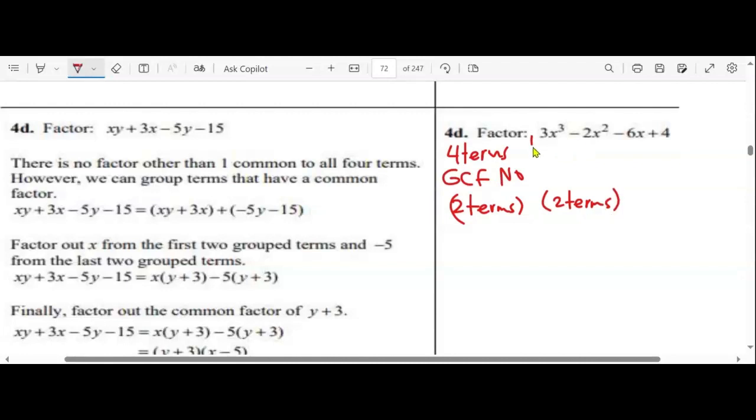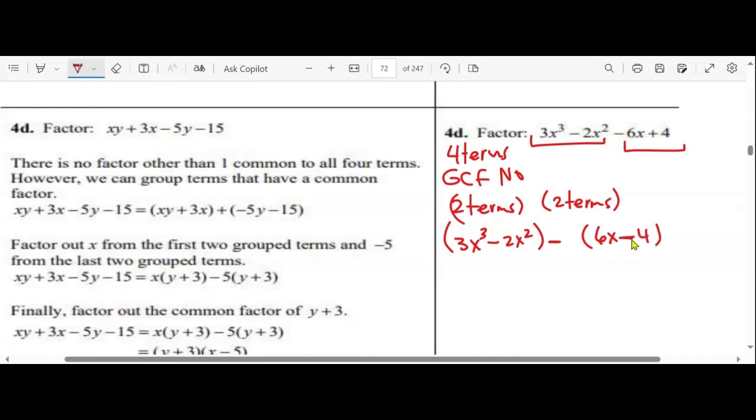The easiest way, we take the first 2, but you can take anything you want. You can take the first one, last one, the middle one, any combination. It doesn't have to be the first 2, but just to make it easy for you, we take the first 2. So I take the first 2 first, put them together, minus the second 2.